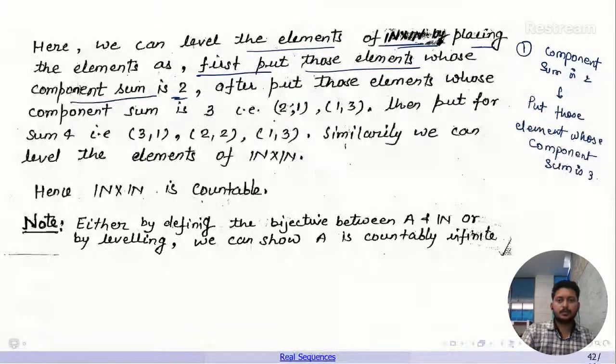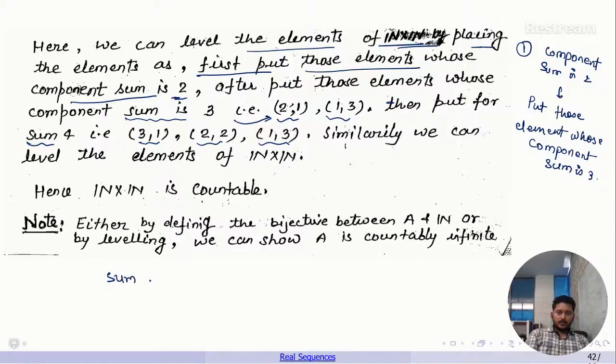So that is the number written as (1,1), then (1,2), (2,1). Then put for sum 4. Now that is (3,1), (2,2), (1,3). That is when we put the number components as they are. For those elements whose component sum is 3, the numbers come like this: 2 comma 1 and 1 comma 3.